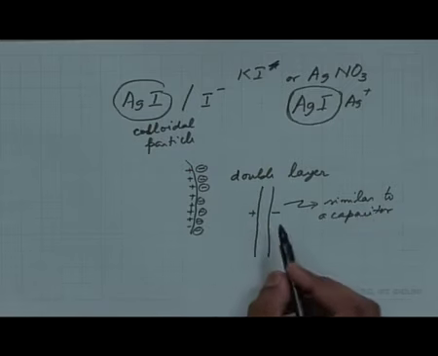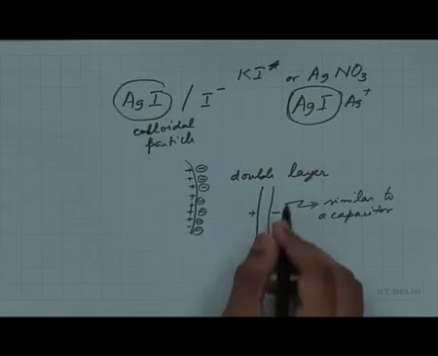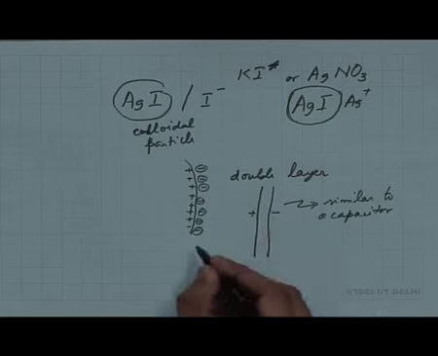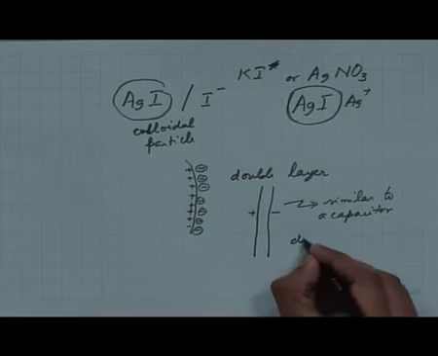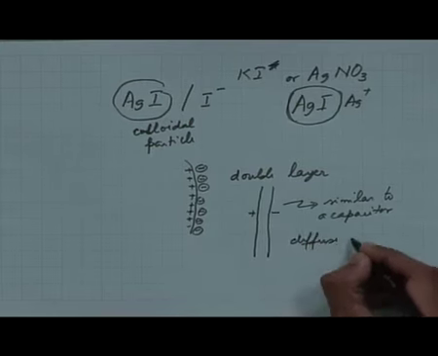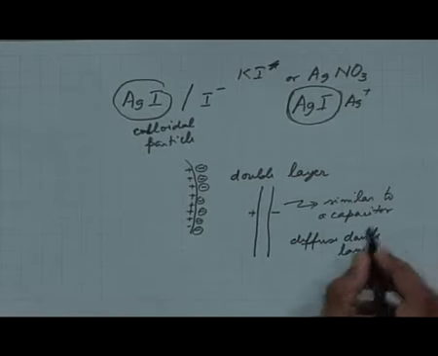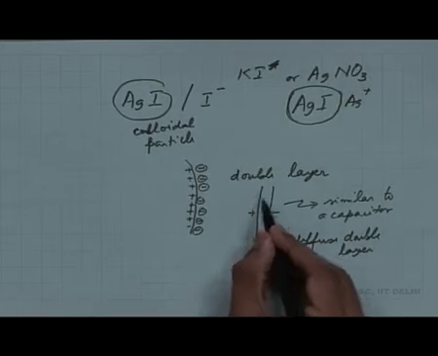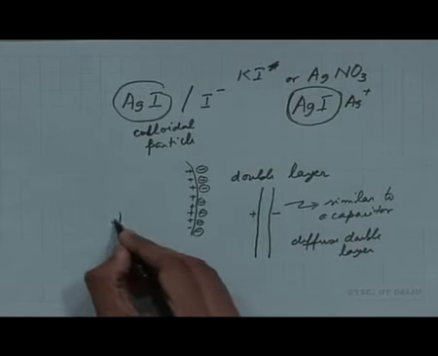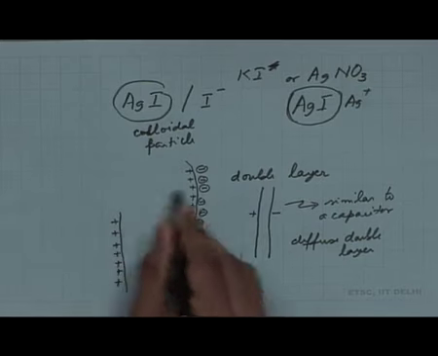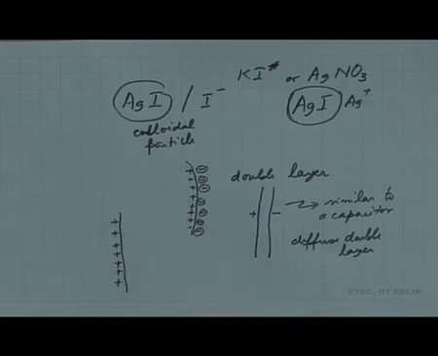But nowadays it is appreciated that you do not have these things which are fixed. So, you will have what is called a diffuse double layer. And it is not hard to understand what this diffuse double layer is. If you have some positive charge like this, that is fixed by the particles.